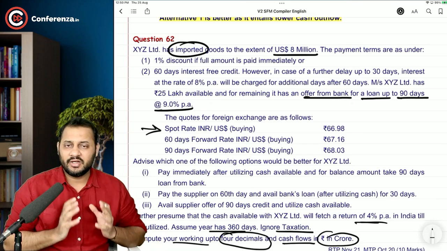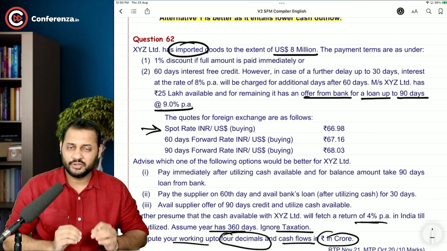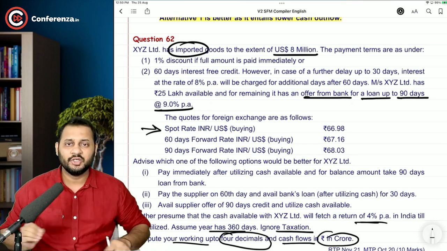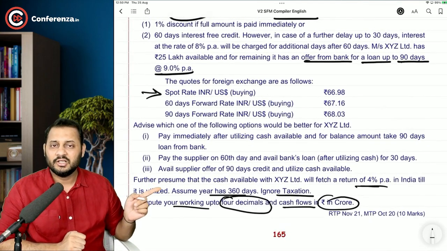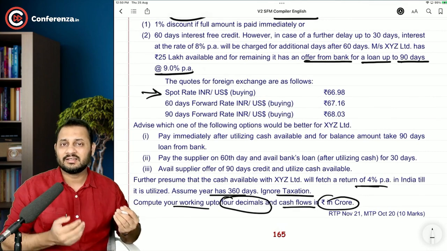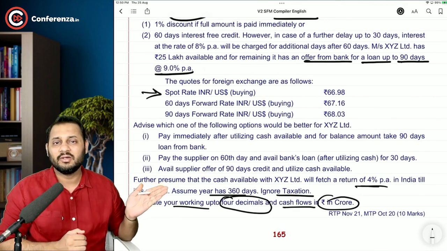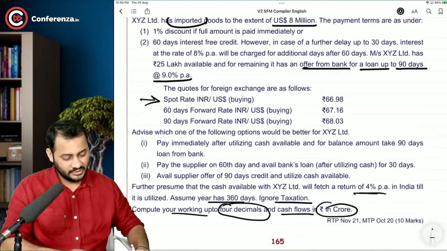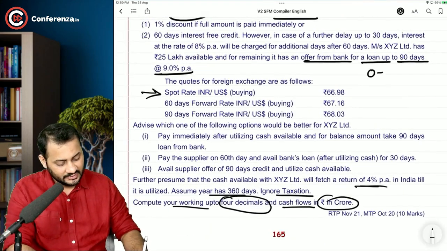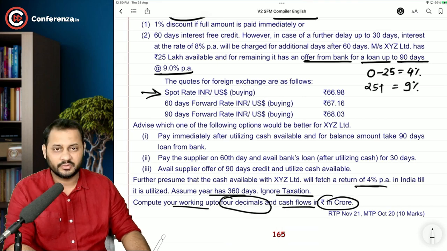If you use the 25 lakh rupees that is lying with you in this transaction, you will lose the opportunity to earn 4% per annum on that. So it is, in another sense, a kind of loan available at 4%. And beyond that, it is 9%. So you can clearly understand that 0 to 25 lakh rupees of the loan is available to you at 4%, and 25 plus loan is available to you at 9% per annum.